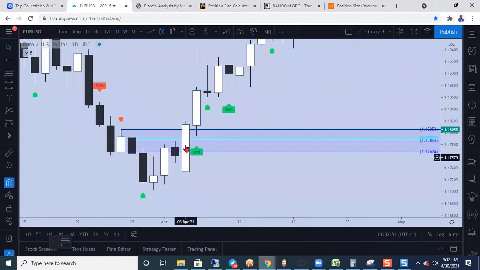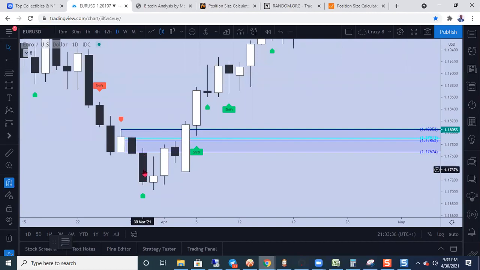Now, when price broke this bullish candle, it means that sells are fading away, and we became bullish. Immediately price broke that candle, these shifts will appear upon the next candle. So this shift will appear on this candle, telling you that we should be buying from this candle. And simultaneously, a green arrow will appear on this bearish candle.